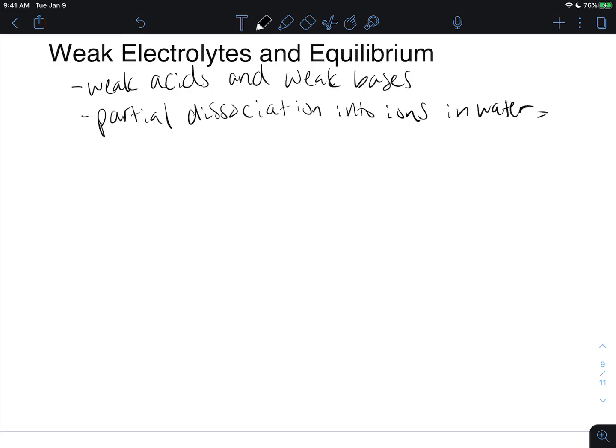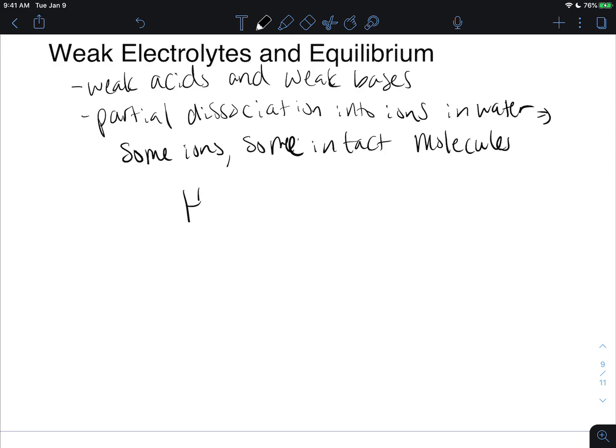So this means we have some ions, some intact molecules. We show this like this. So this is carbonic acid.